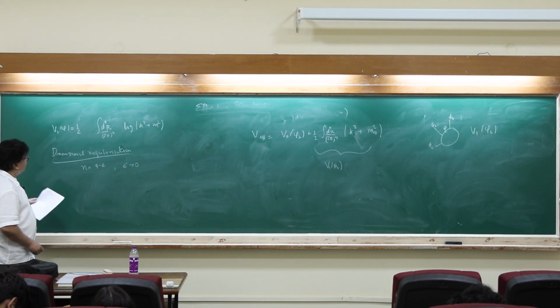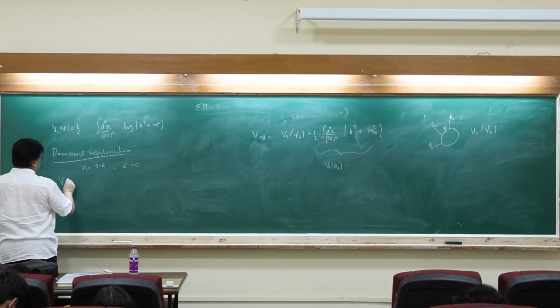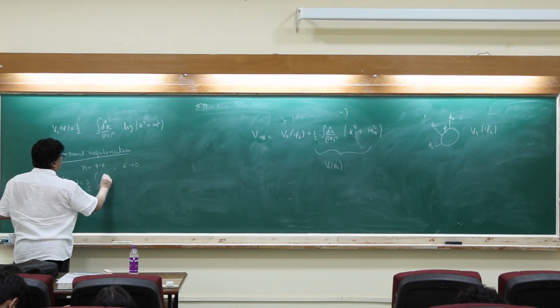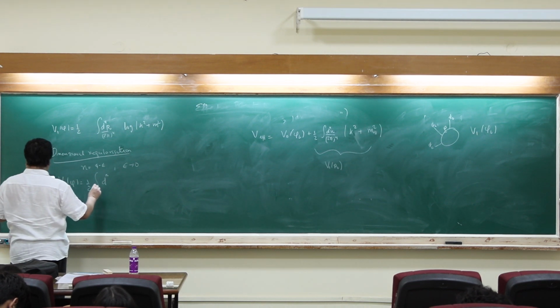Okay, so if you go to n dimensions, then V1 of phi is half the integral d^n p.